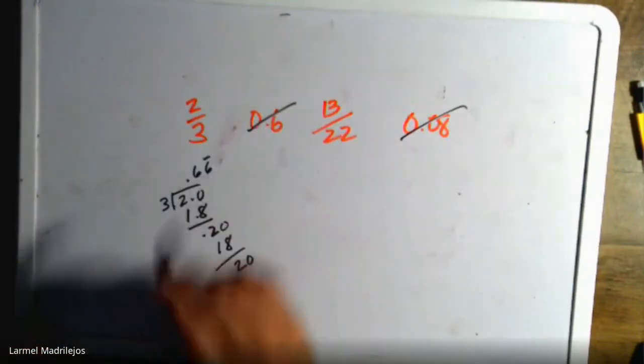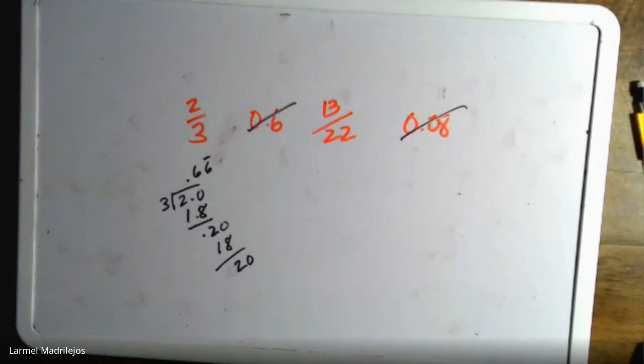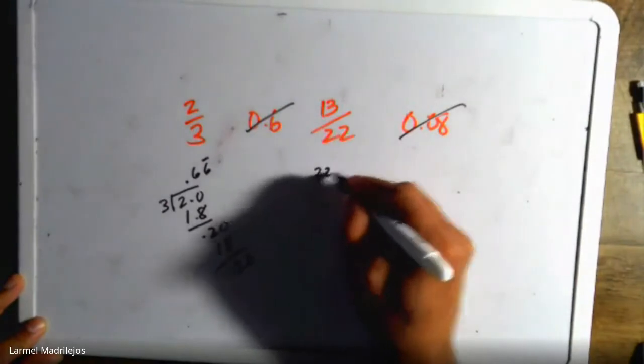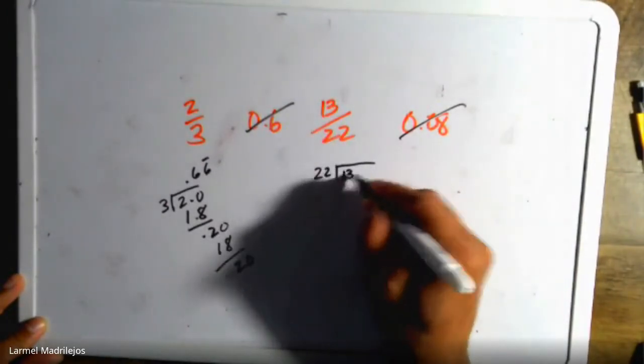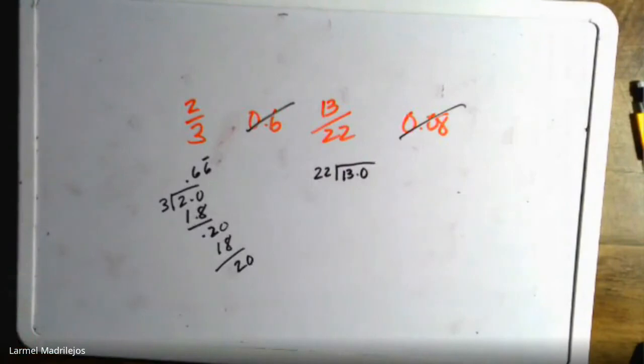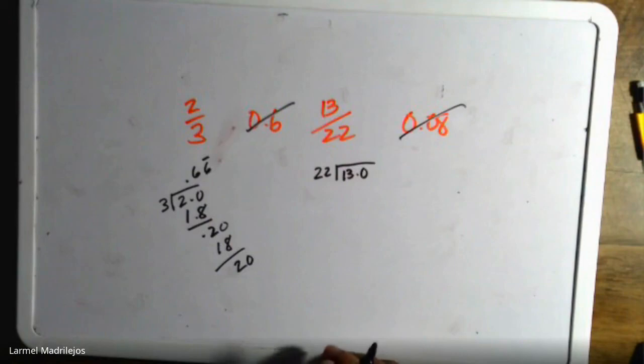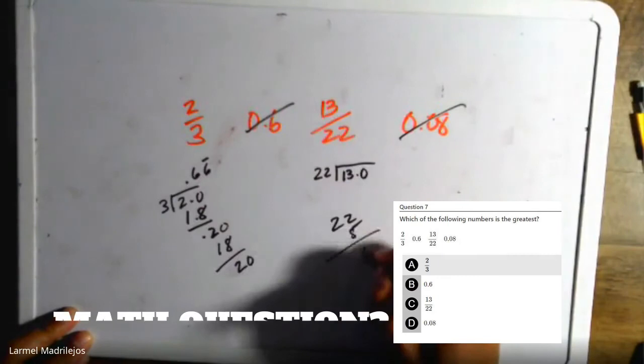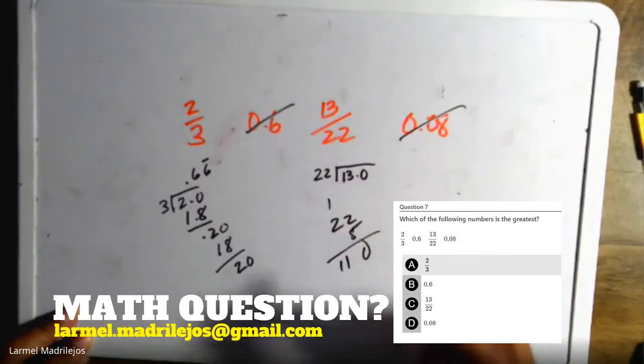So between the two, let's start the other one here. Convert this by dividing 13 by 22. Now the question is how many 22s in 130? Let's try 22 times 5. 10 carry 1, 10, 11.